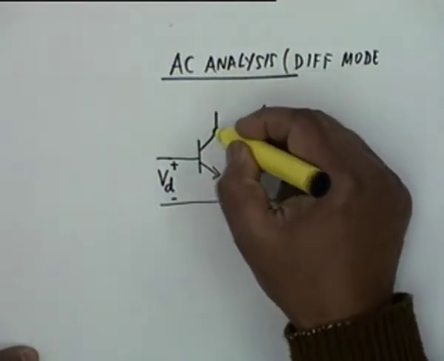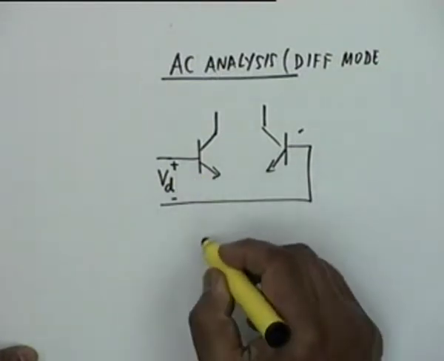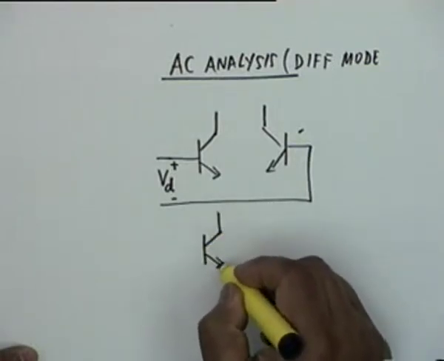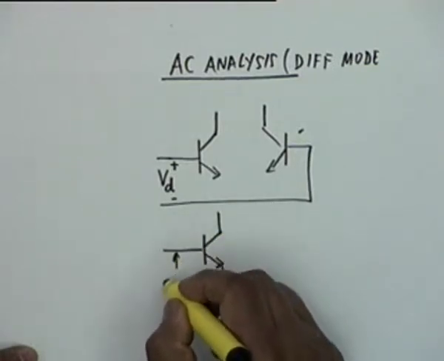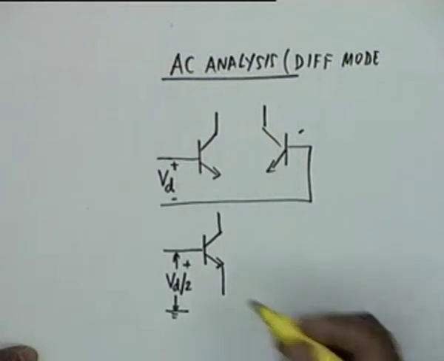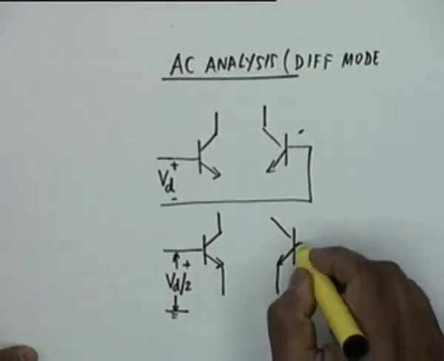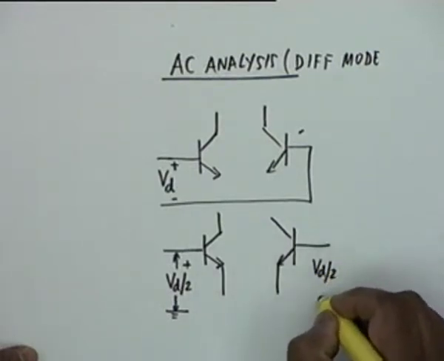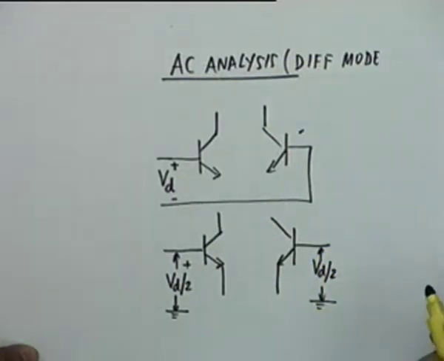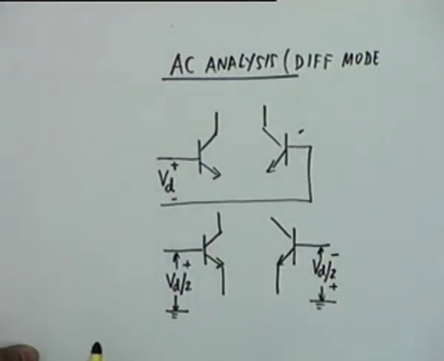Now, since the two transistors are identical, operated under identical conditions, I can look upon this as if I had applied a VD by 2 here from the base to the ground, and another VD by 2 here from the base to ground, but with a reversed polarity, that is plus here and minus here. Is that clear? This facilitates the analysis.